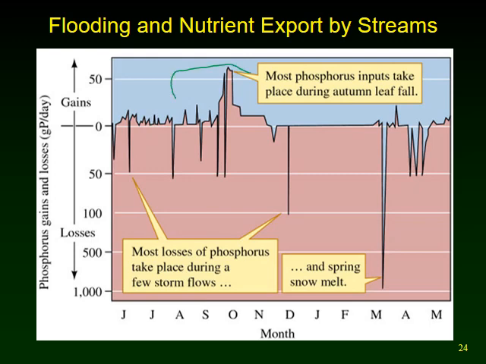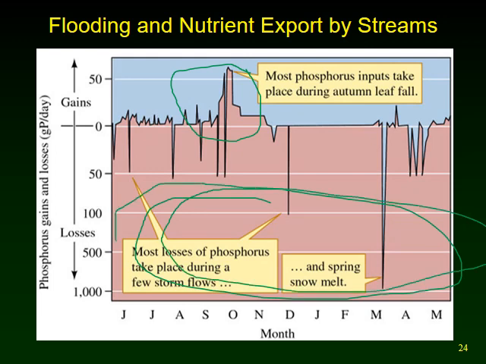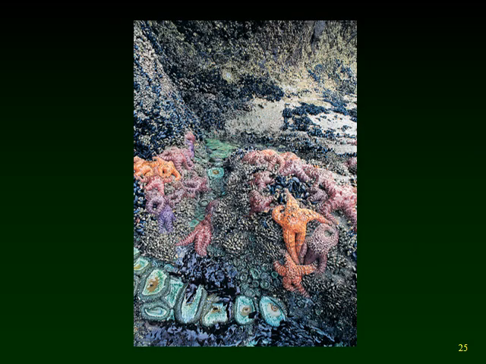So we have a lot of input here in the fall also, when the leaves fall and they move into the stream, and then the losses from the terrestrial environment are occurring during the floods in the spring snow melt. So that is the end of this topic.